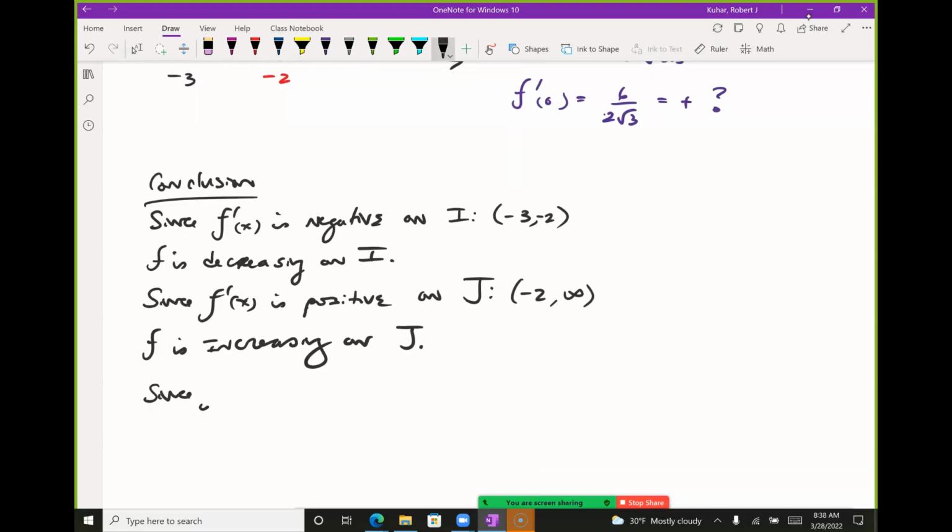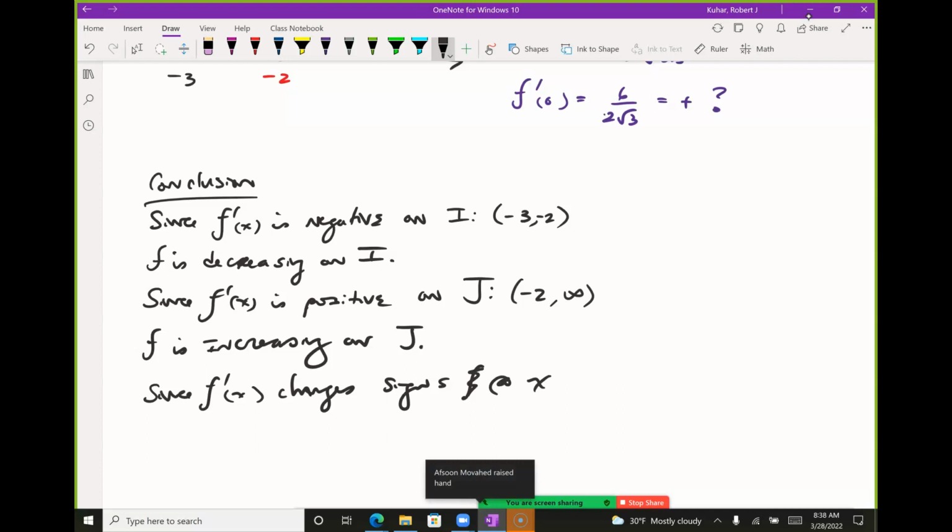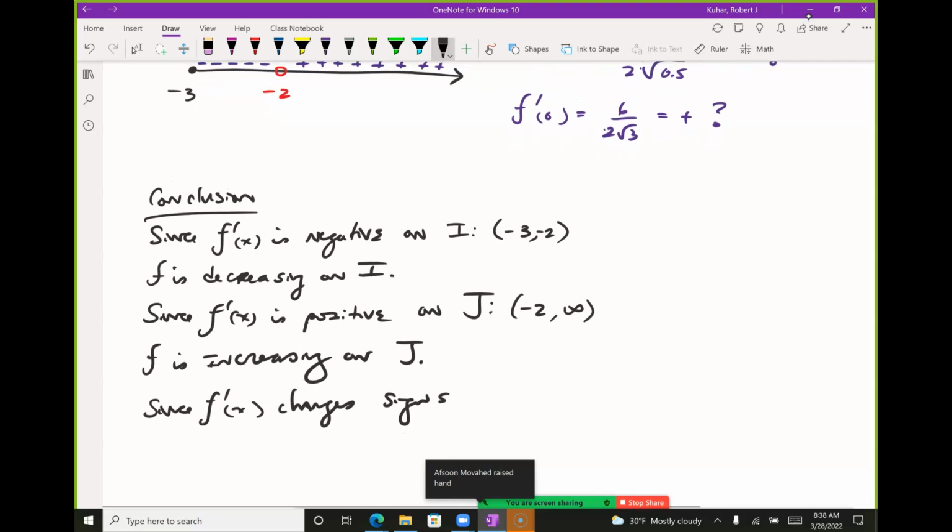Since f prime of x changes signs, yes, Upson. So why is it -2? No, wait, I can't. Remember, it's that critical value that's going to cut up my intervals. The critical values will cut up the intervals.